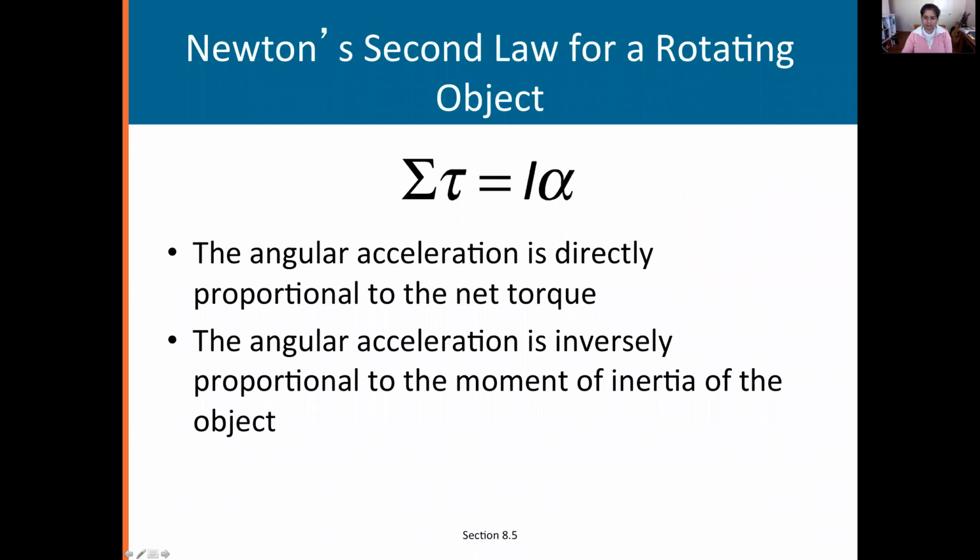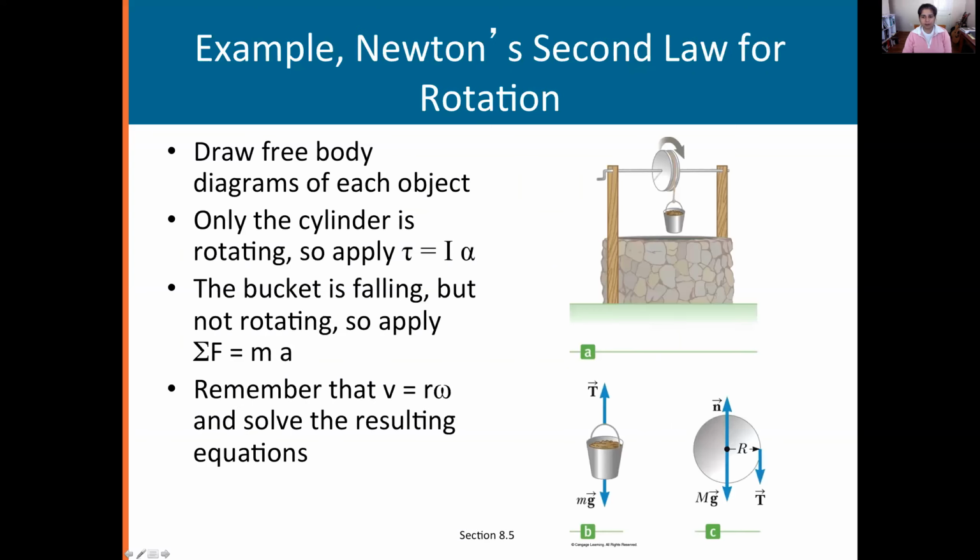Okay, so it's not as simple as mass. Remember, mass was just a scalar quantity which is inherent to the object, right? But moment of inertia is not. It changes depending on which axis the object is rotating about. Okay, so we'll see more about moment of inertia in a minute.